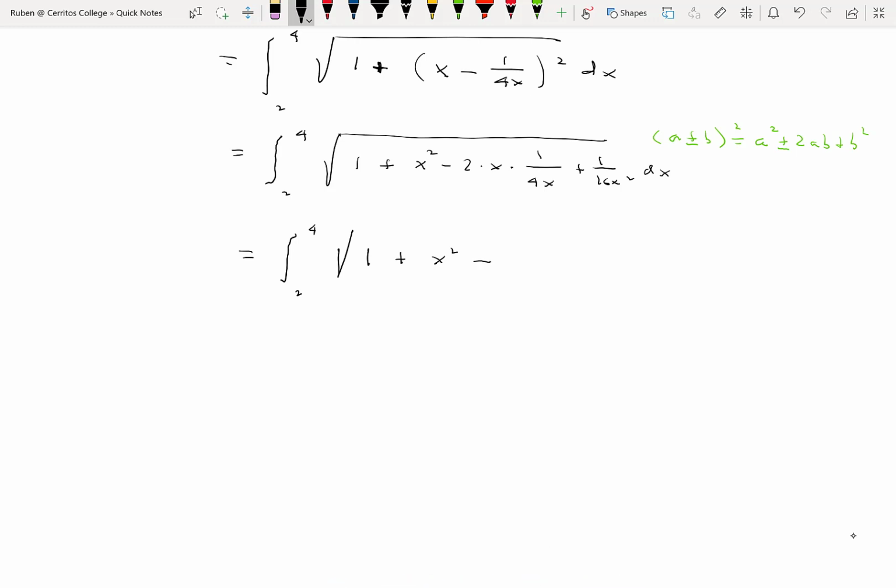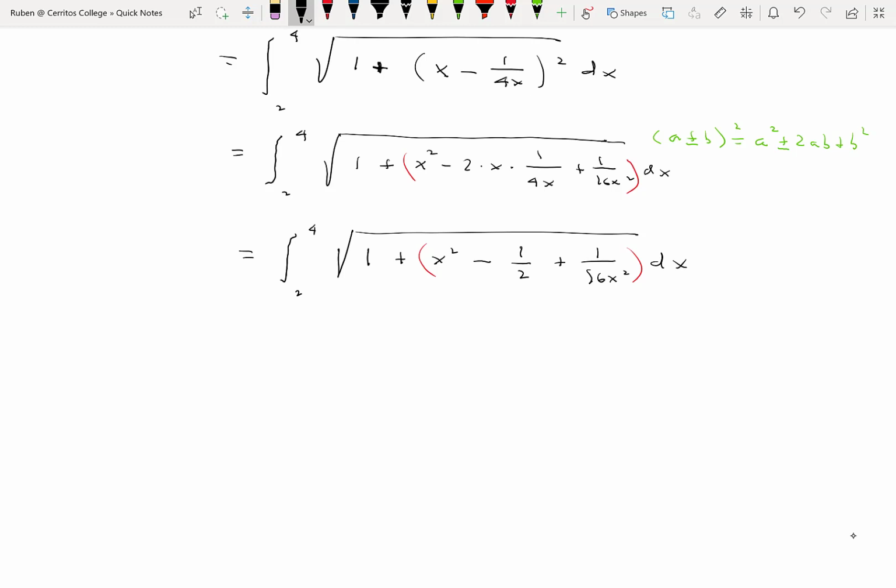So really, it's like minus 1/2 plus 1 over 16x squared. Just for emphasis, I'm going to put in parentheses that result we got from squaring the (x minus 1 over 4x) squared.